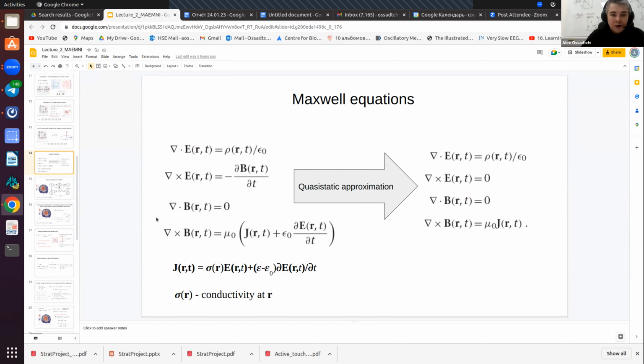Okay, and then the next equation tells you again the reciprocal story. Actually, changing of electrical current gives rise to vector B, and this vector B is rotating in the plane orthogonal to the direction along which this electrical field is pointing and changing, right? So you probably all remember this wire, right?